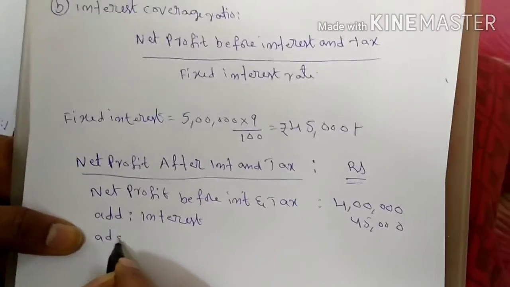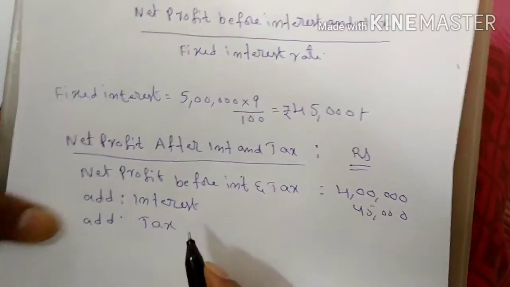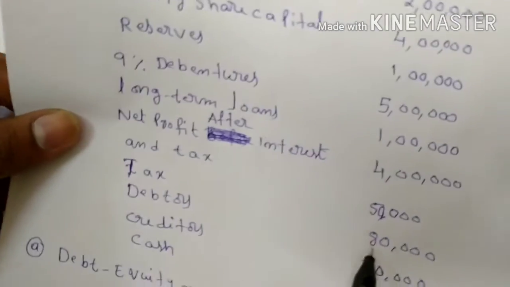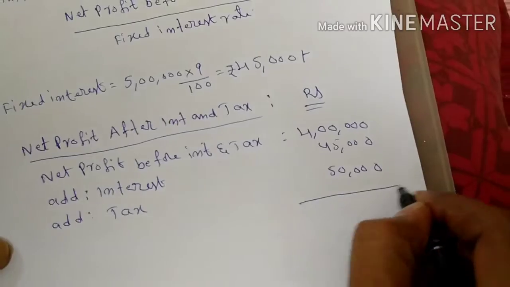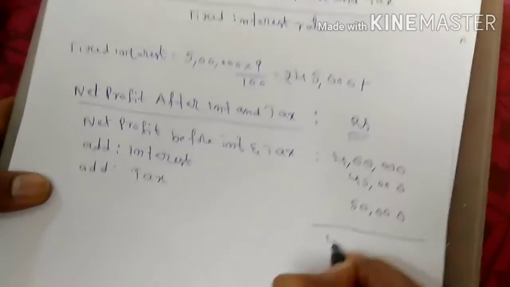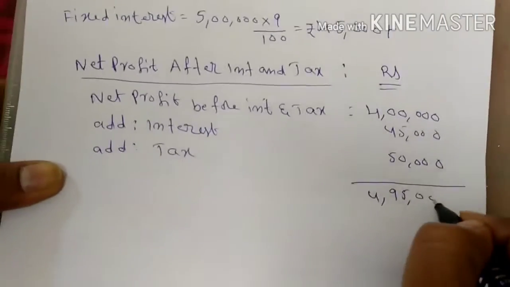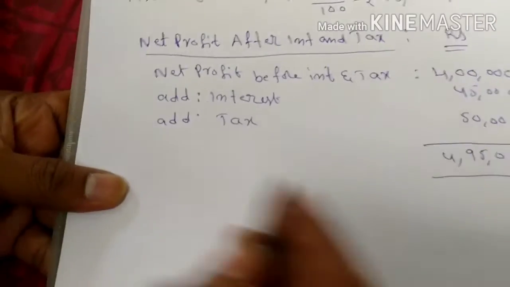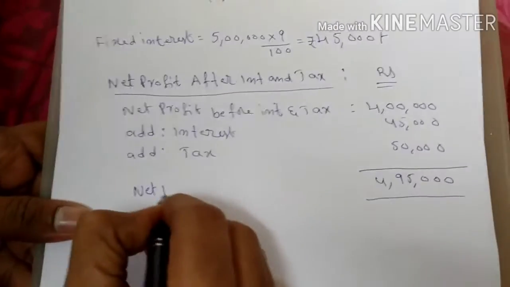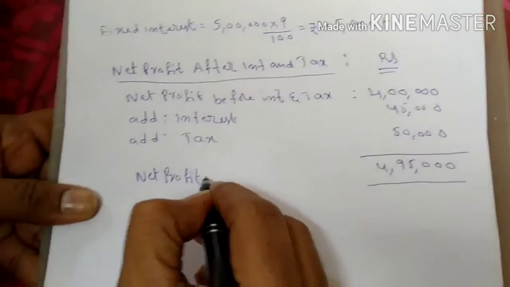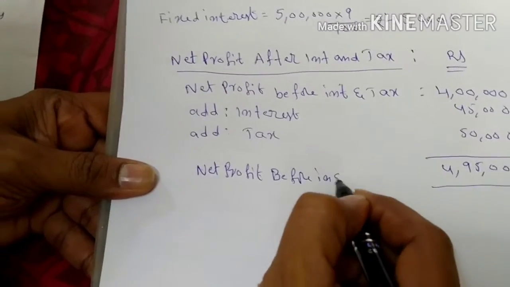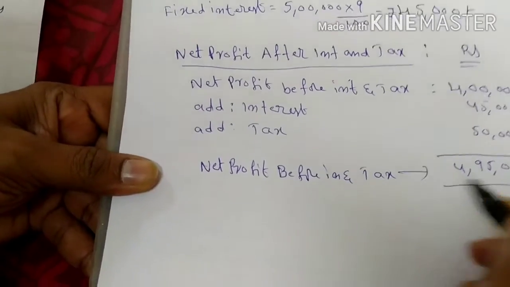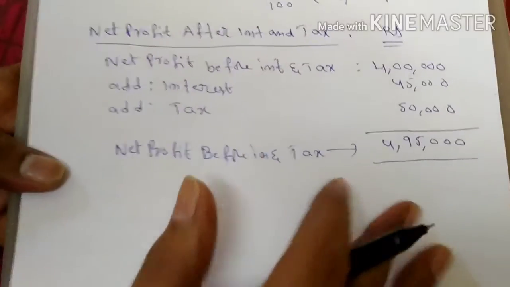Next add tax, here tax is 50,000 rupees. If you add all these, 4,95,000 rupees is the net profit before interest and tax.